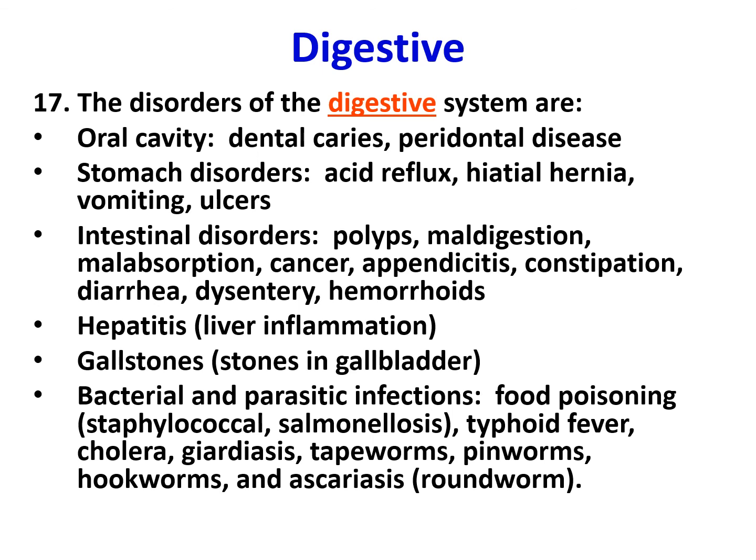Then there's liver inflammation, which is your hepatitis. You can have stones in your gallbladder and have that flare up and cause issues. And then, of course, bacterial and parasitic infection. We all know about food poisoning, right? Salmonella, E. coli.